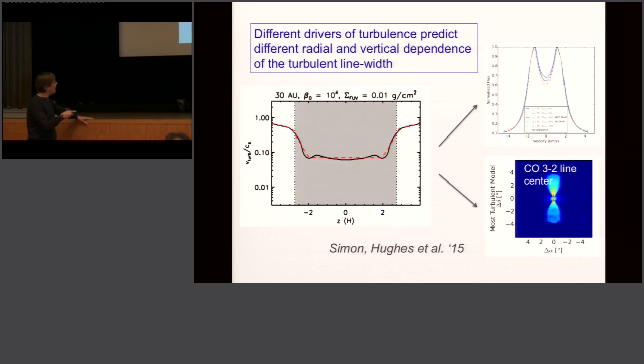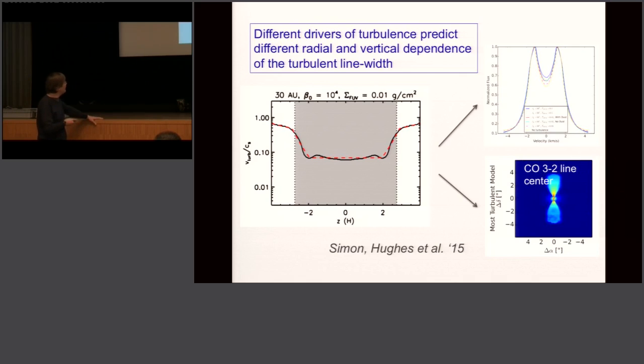So here we're looking at height above the midplane, and here's the turbulent velocity normalized to the sound speed, here 1%, 10%, and sonic turbulence here. And this gray region here defines an inner part of the disk where ambipolar damping is very strong, and so the turbulence is strongly damped, and you have an ambipolar dead zone in that region with just some active surface layers above and below the midplane of the disk.